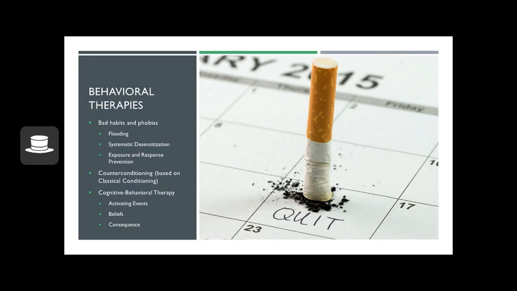So there are a few techniques that we're going to talk about, and let's start with dealing with bad habits and phobias. So let's say I'm afraid of cats. Cats are very scary to me, right? There are a couple of things that I could do in a therapeutic situation.